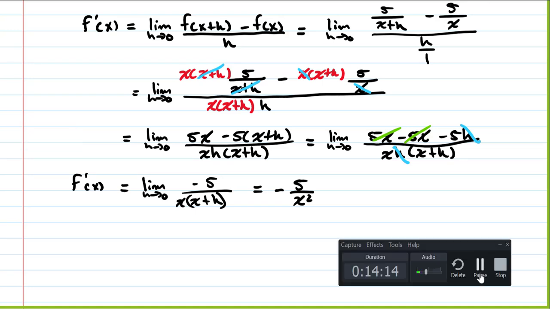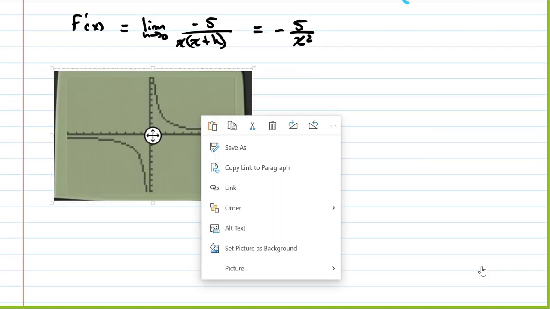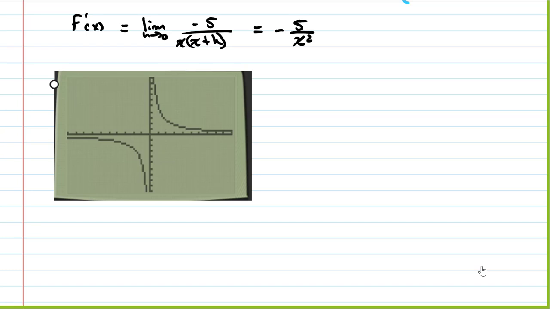So I know there's still more to do on this, but let's chat for a moment. If we look at a graph of f of x equals 5 over x, f prime is going to tell us about the slope of this function. So if I were to calculate, what is f prime of 2?